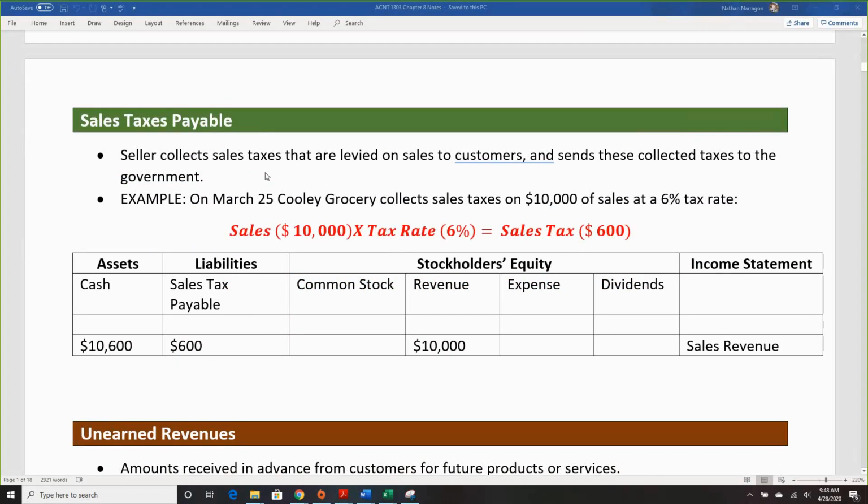So the first brand new one is one that we are familiar with in the state of Texas, and that is the good old sales tax payable. If you don't know what sales taxes are, you've been hiding under a rock.